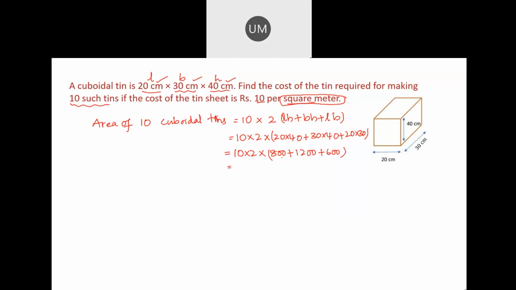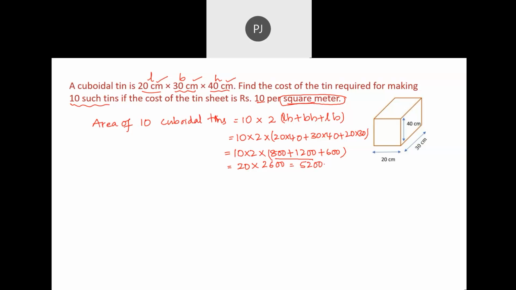Total is 2600. 2600 multiplied to 2, so 20 times of 2600. What will be 2 times of 26? 52. So 52,000.